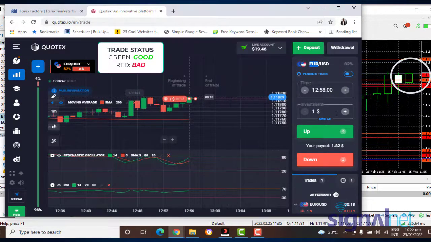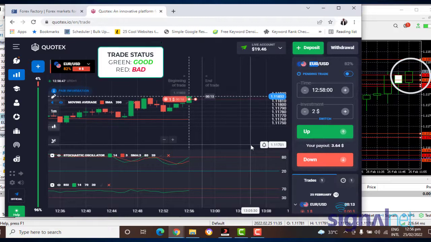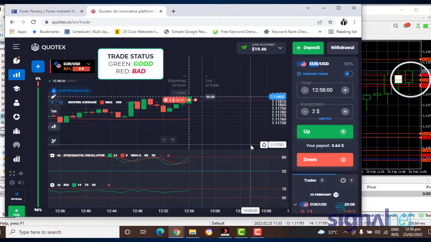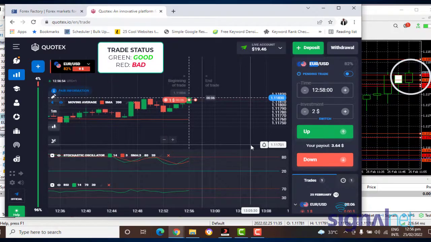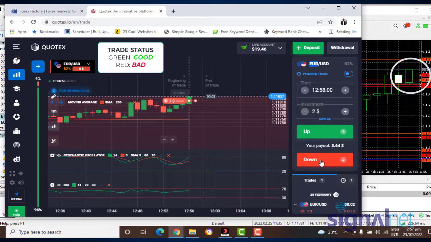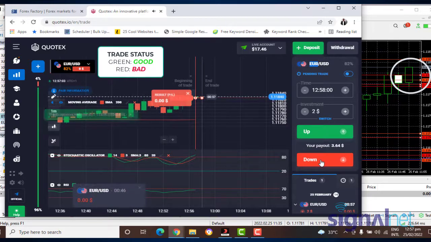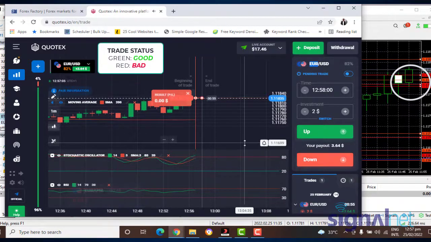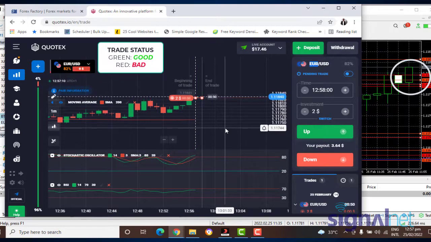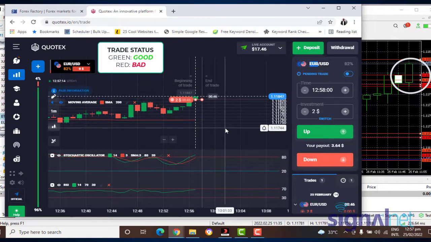So I'm going to adjust this to 2. Okay. Try to see if, okay. So I entered in again. Okay, but the momentum up is quite strong.